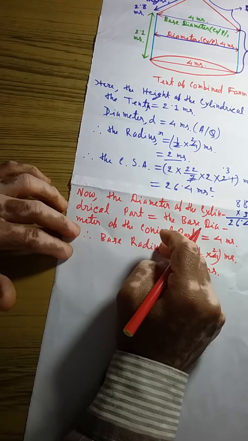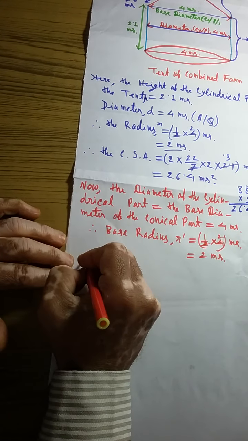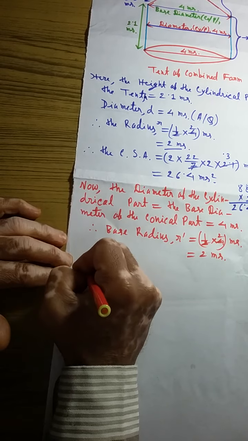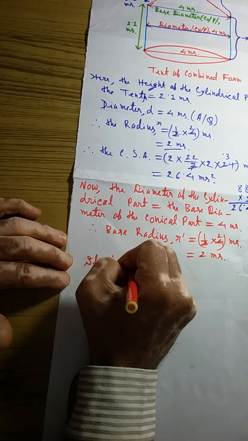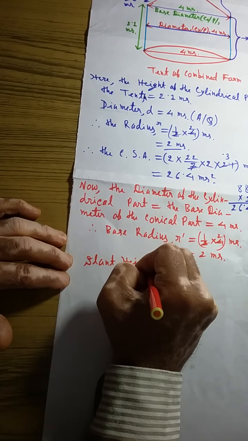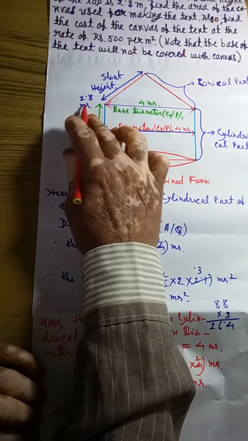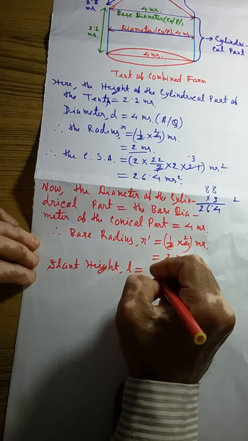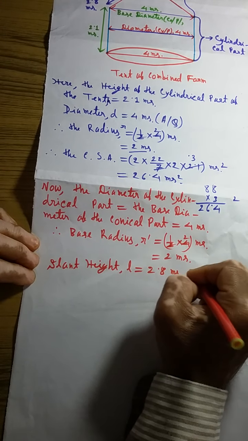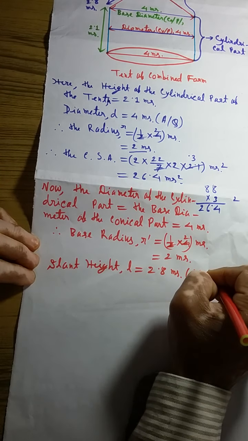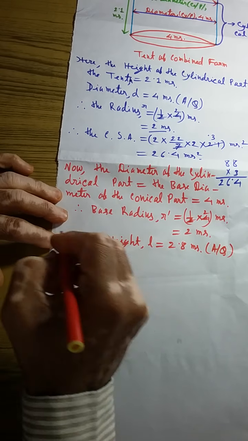We have known the base radius of the conical part. The slant height is given, so write slant height L is equal to 2.8 meters, which is according to the question.